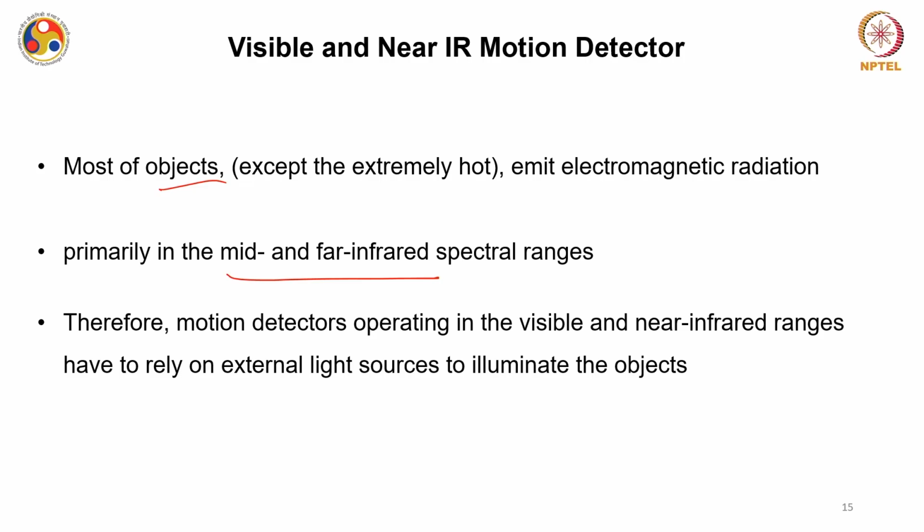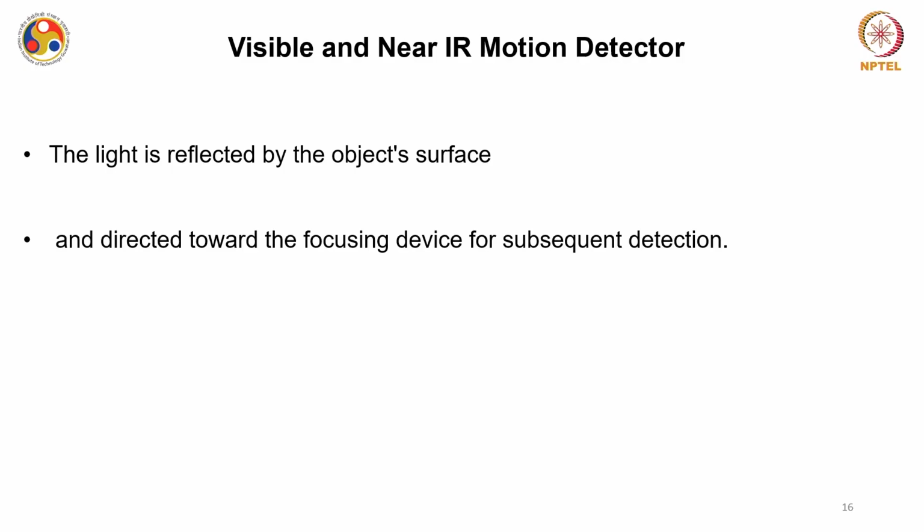What you have to rely on for visible and near IR based motion detectors is a separate light source, and this light source can be a simple IR emitter, or it can be a simple LED which is emitting visible light. Now this light which you are emitting from the source is reflected by the object surface which we want to detect, and when it is reflected, it is directed towards the focusing devices for subsequent detection.